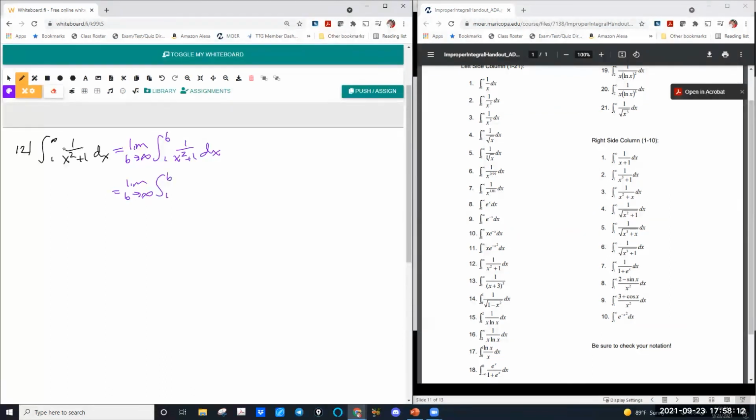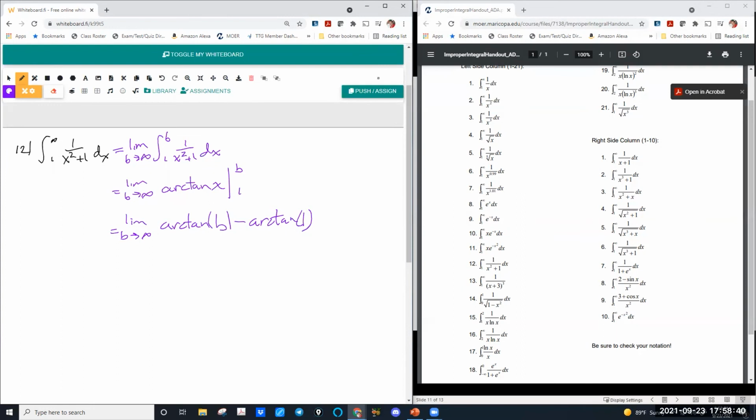It's arctan. Arctan is a really cool one going to infinity. So I just want to take a look at it from 1 to b. Limit as b goes to infinity of arctan of b minus arctan of 1.